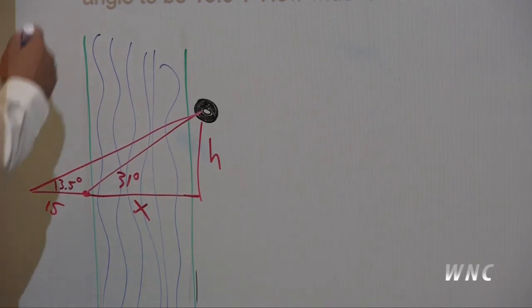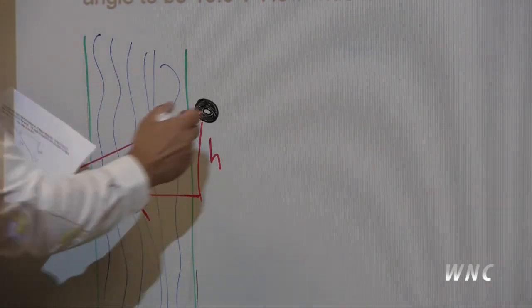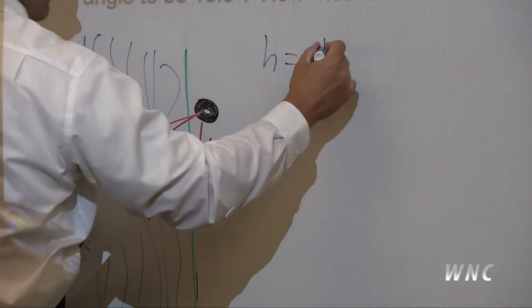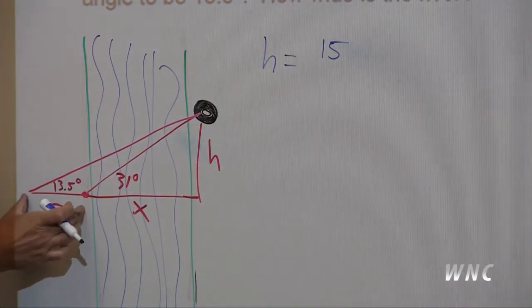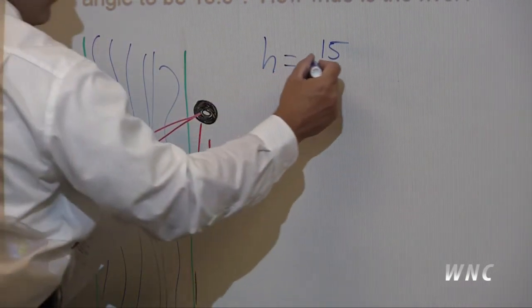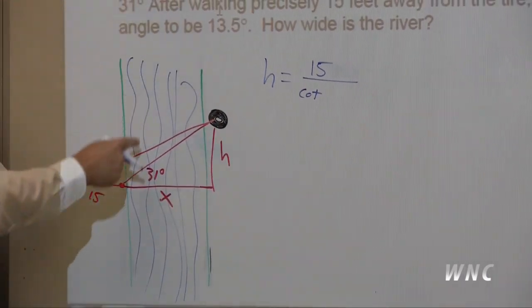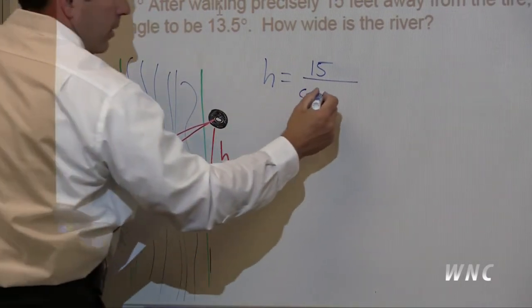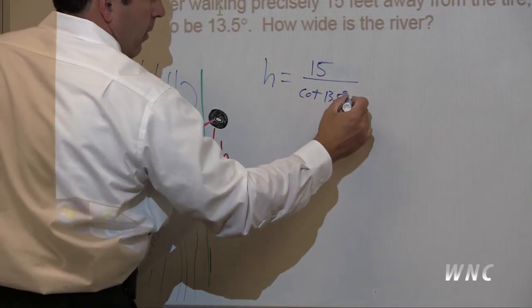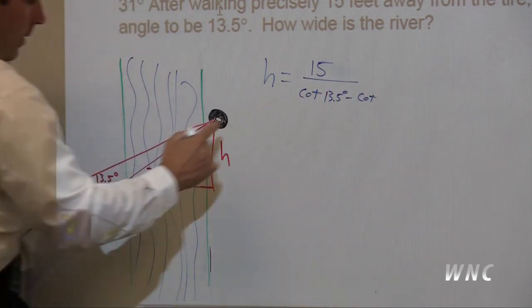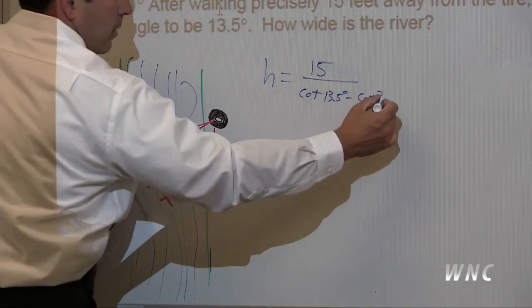So we're going to go with our second formula here. H would be equal to 15, that's d, the distance he's walked back, over cotangent of beta, where beta is the 13.5 degrees, minus cotangent of alpha, and alpha was the 31 degrees.